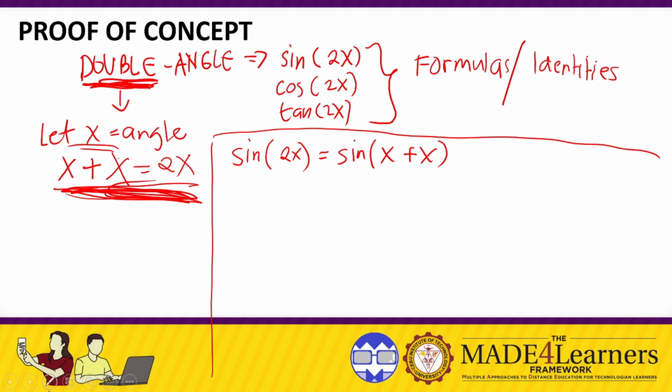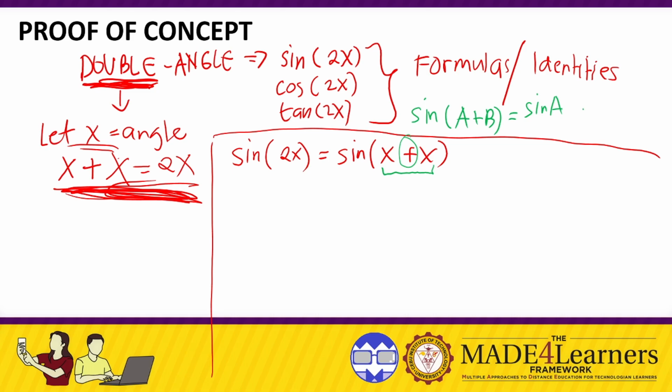Now observe the angle. In our angle, we have the operation plus, and this gives us the idea of sine of a plus b, which is the sum and difference identities. So we're going to apply the sum identity of sine, and we know that this is sin cos plus cos sin.